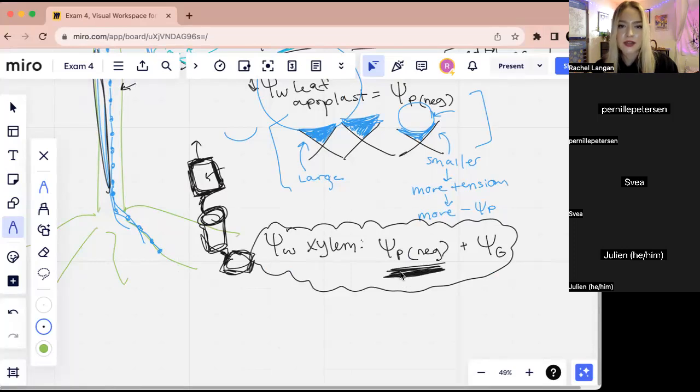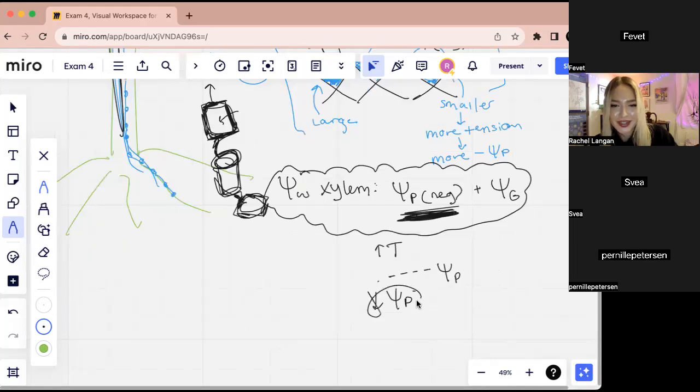If there is high transpiration because there's hot temperatures or drought conditions or low rainfall, then that's going to cause, and I don't know how to write it in a way that's the least confusing, but I don't know, more negative pressure, or decreasing pressure, more negative, smaller number.